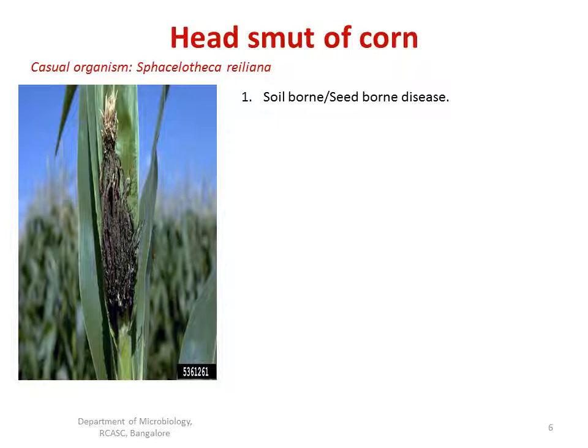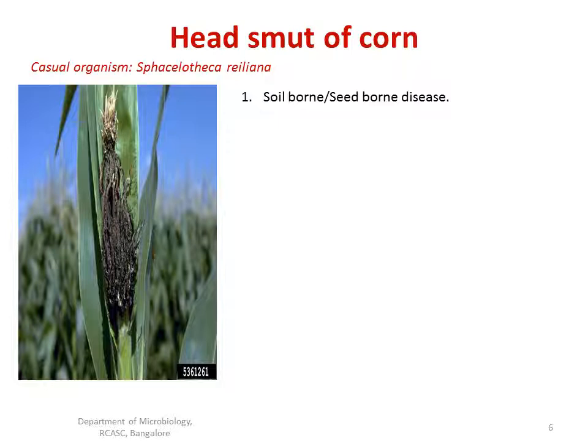This is a disease which is caused by Sphacelotheca reiliana. And this is a soil-borne or seed-borne disease, and here the infection is systemic, that is, the infection takes place in the entire part of the plant.